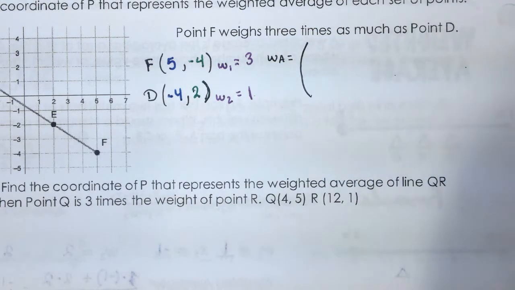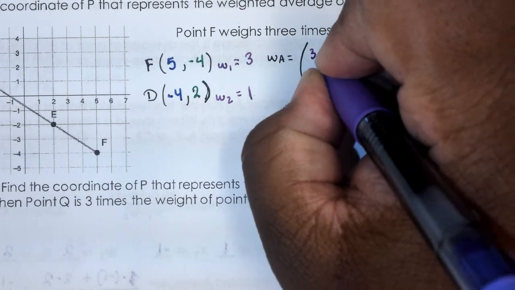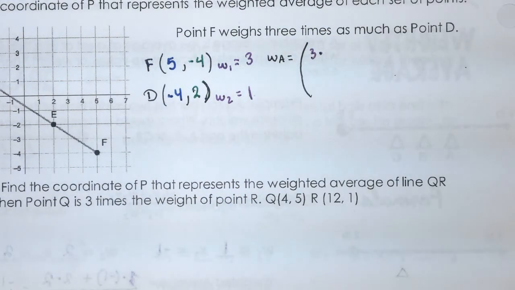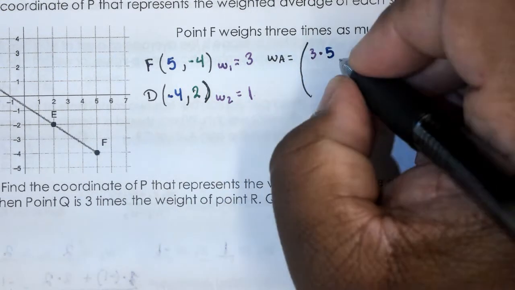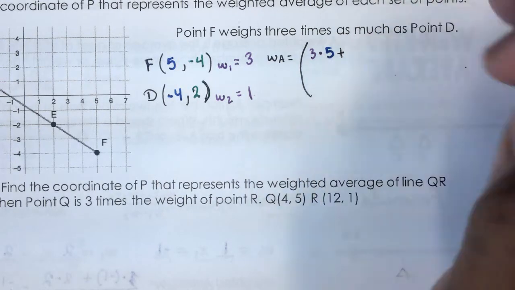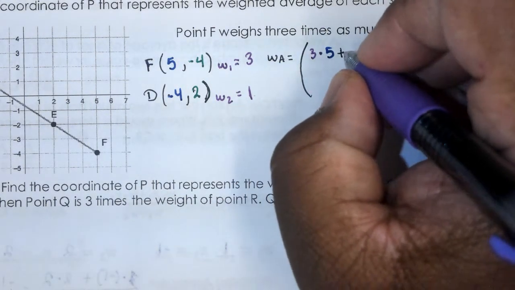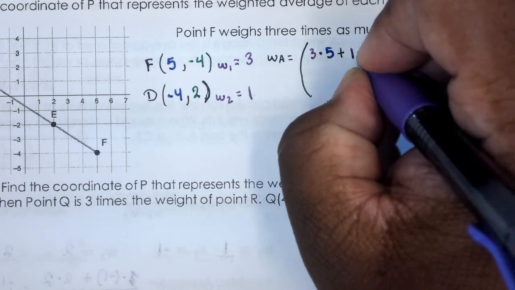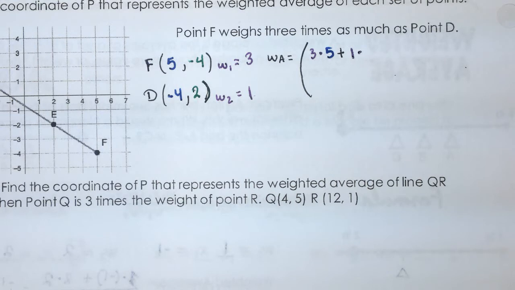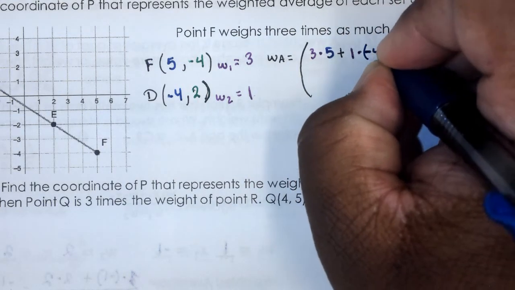From there, I'm just plugging numbers in. Make sure I'm writing it correctly. I start out with my first weight, 3, times my x1, which is 5, plus my weight 2, 1, times my x2, which is -4. I'm telling you, all this is repetition. I'm getting better the more I teach it. It's just something you're gonna have to practice.